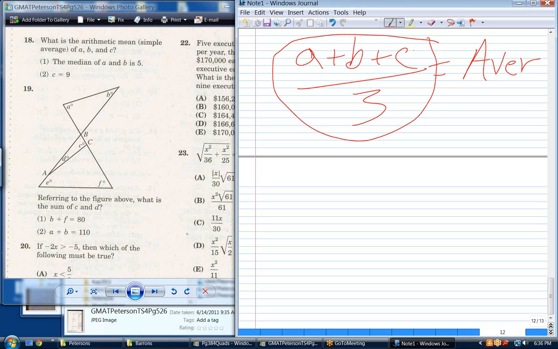The fact that C is 9, no, it doesn't say anything about A or B. So 2 alone, no. About 1 alone, no. About both together? Well, the fact that the median is 5 still doesn't say anything about A and B. Kind of does. It says they have to add to 10.